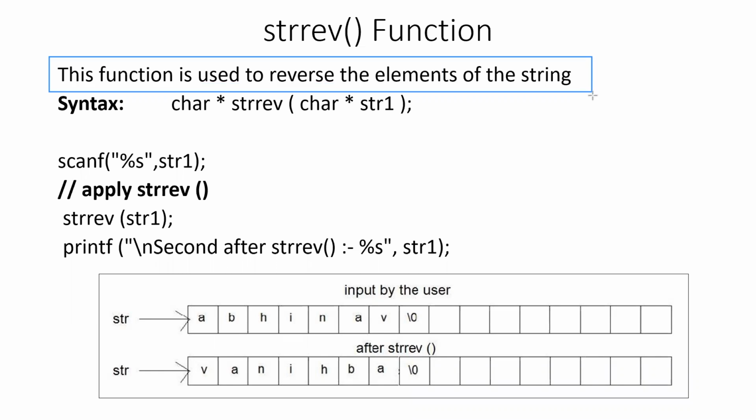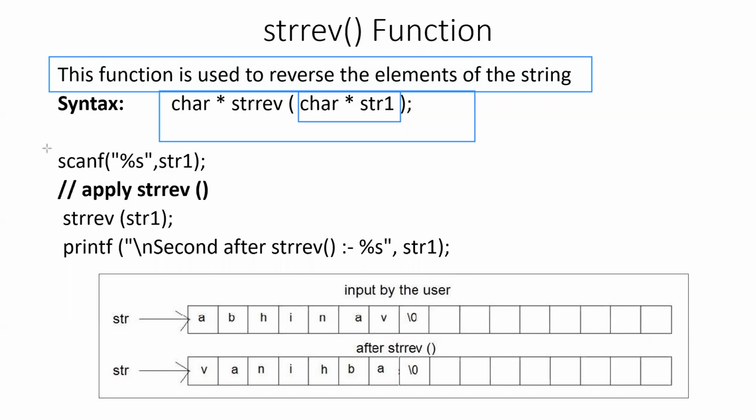Similarly, you can also reverse the contents of a string using the string reverse function. What is the syntax of the string reverse function? As you can see here, a string is passed as an argument to the string reverse function, and the function will reverse that string and return the value in the same string.